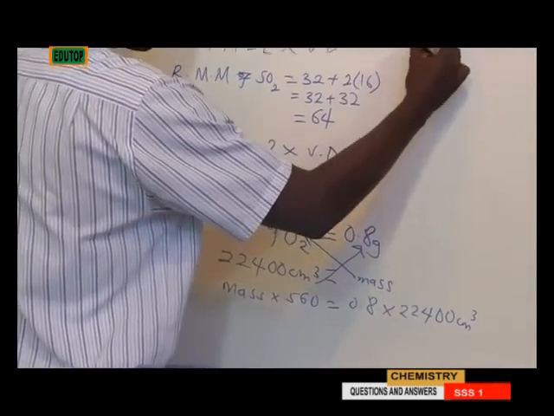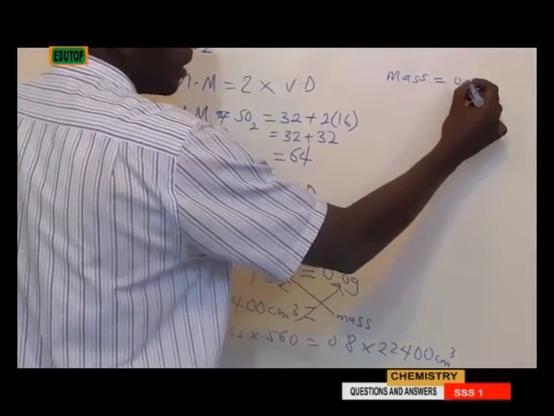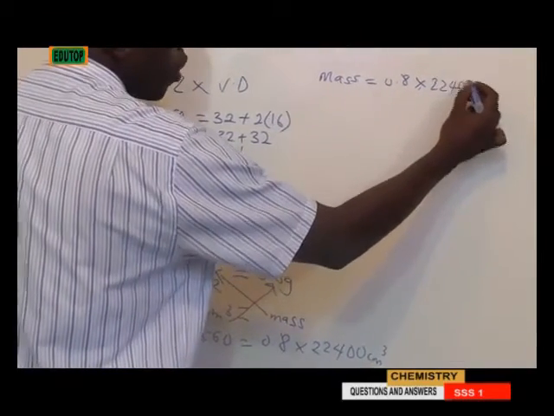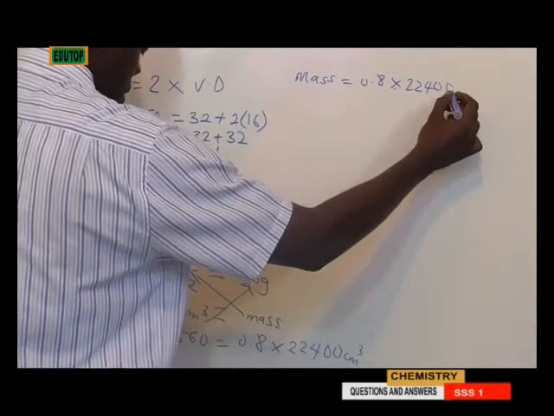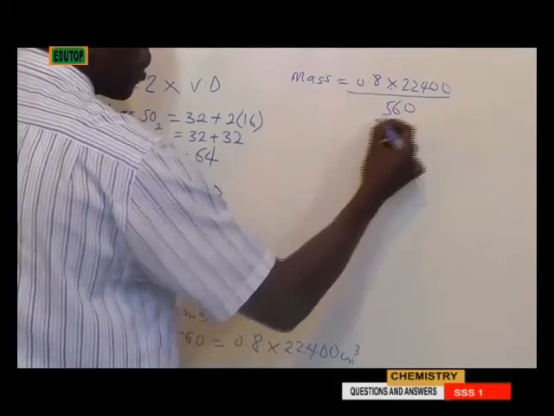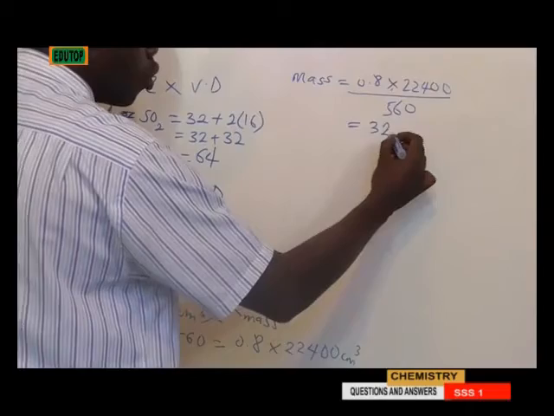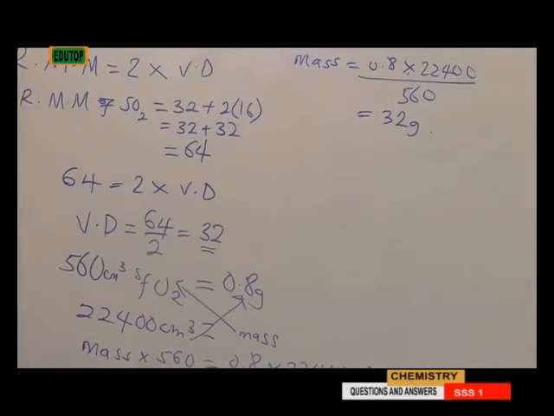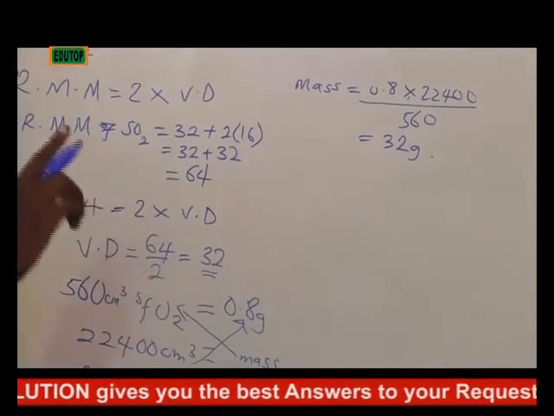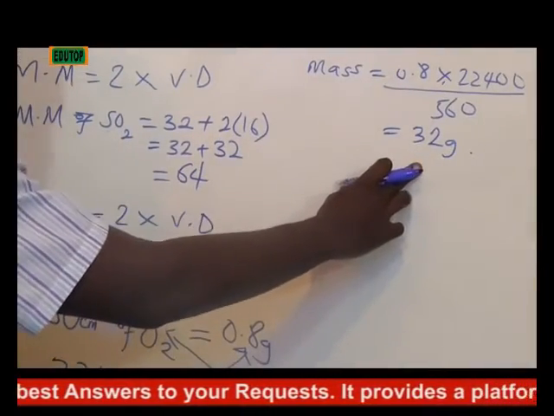Then the mass will be equal to 0.8 times 22400 divided by 560. If you do your mathematics very well here, you are going to have 32 grams. The mass of 1 mole of oxygen at STP is 32 grams.